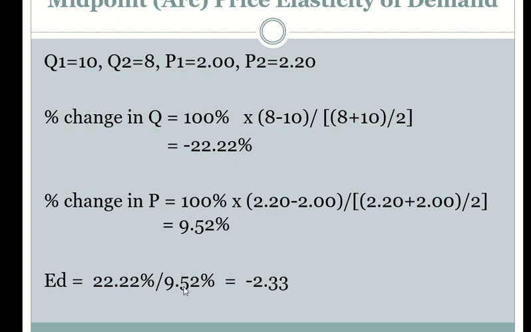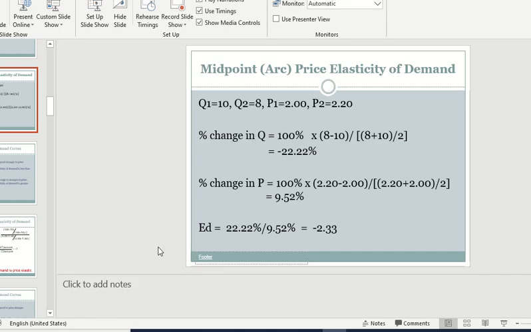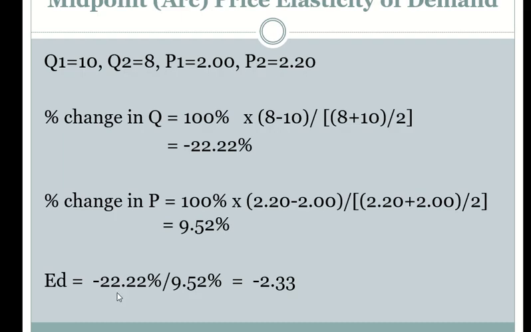A 9.52% increase in the price will lead to a drop in quantity demanded by 22.22%. So that will give us negative 2.33 as the price elasticity of demand. Every 1% increase in the price will lead to a 2.33% drop in the quantity demanded.